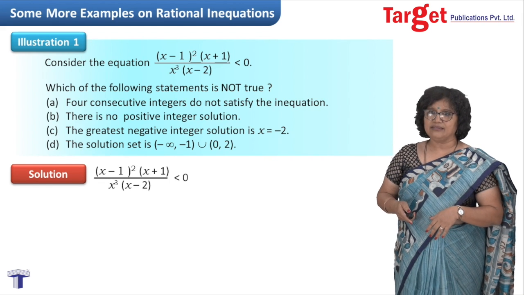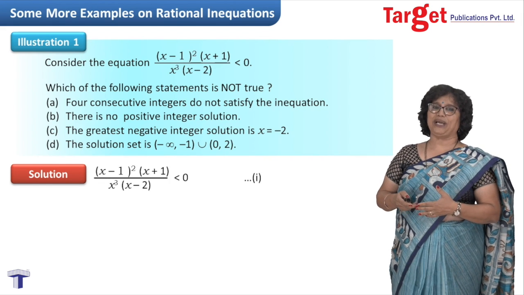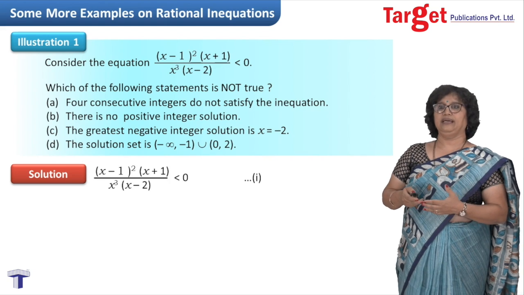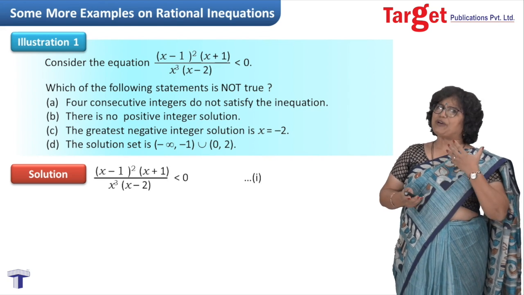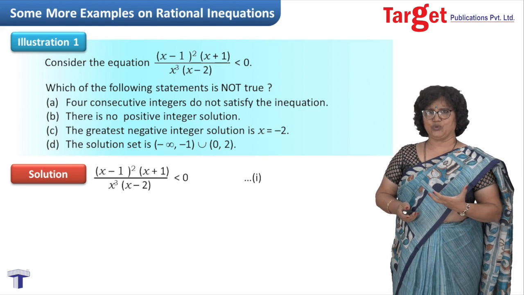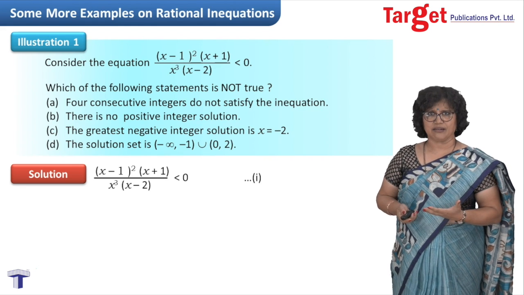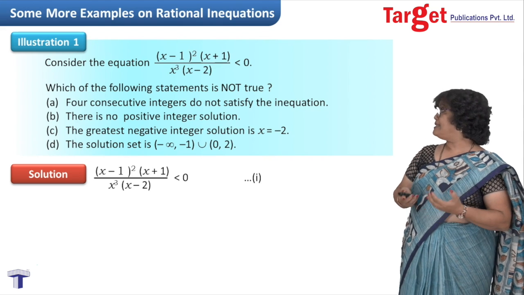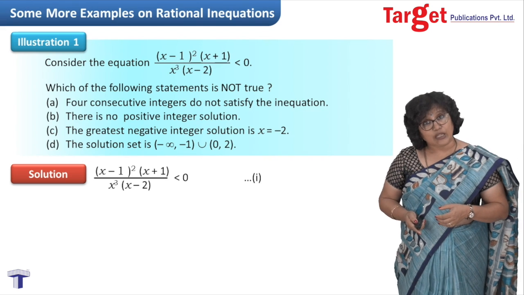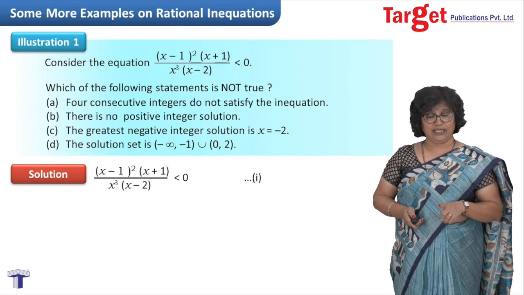Now I start with (x minus 1) whole square into (x plus 1) upon x cube into (x minus 2) less than 0, the given inequation. This is perfectly in the form of R(x) less than 0, so no more changes are required. Numerator is (x minus 1) whole square, and the critical points we know, they are 1 and minus 1.